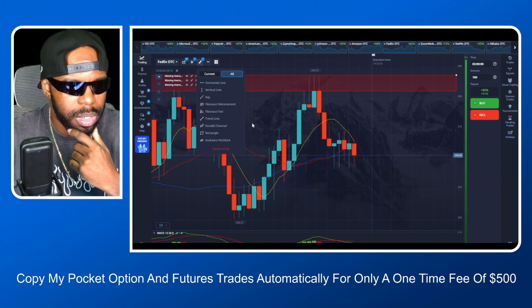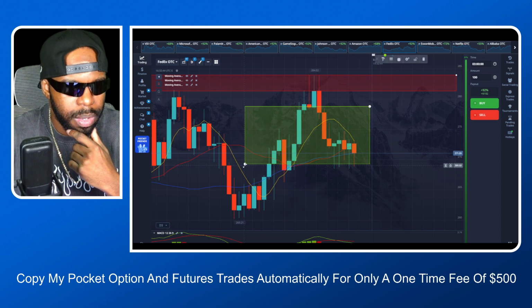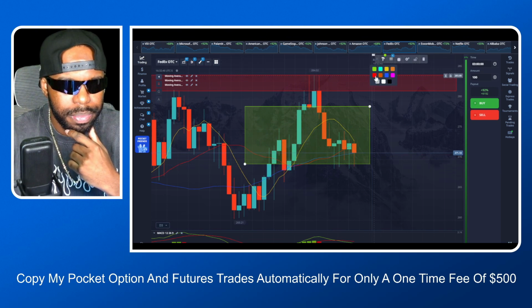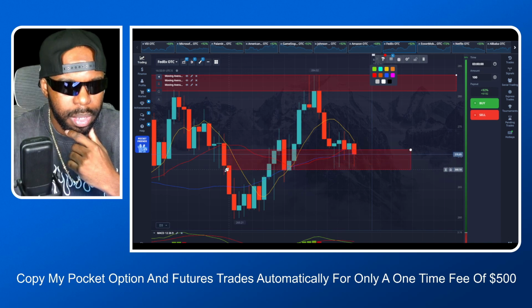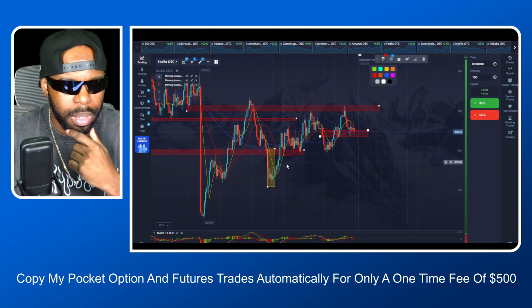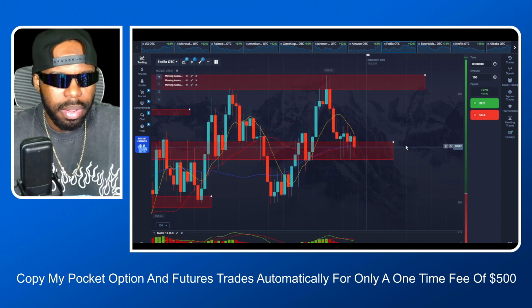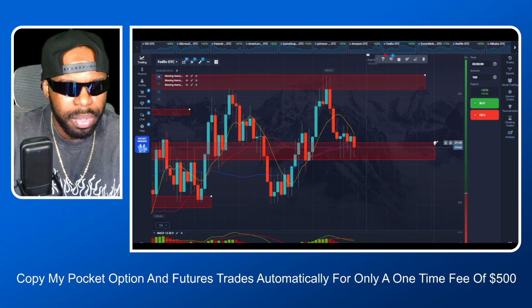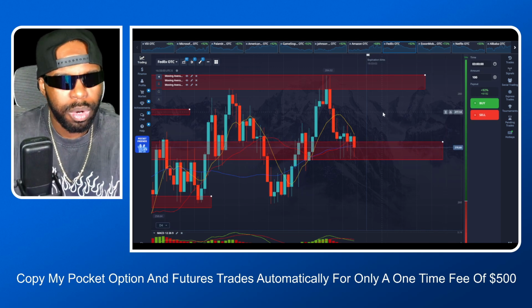So I'm going to do this real quick. All right. So this is going to be my lowest point. And again, I like to draw it in the back of the past to see. But I already have some zones there already. But that's how I draw my zones on the 1 hour chart. This is my supply and demand zone on the 1 hour chart.